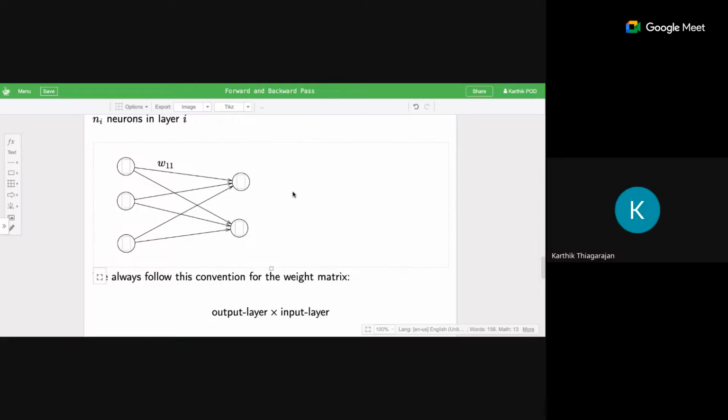And therefore, each row of the weight matrix corresponds to one neuron in the output. It will become clear if I, this is 2 cross 3, right? So this is how it looks. Now the first row corresponds to this neuron.